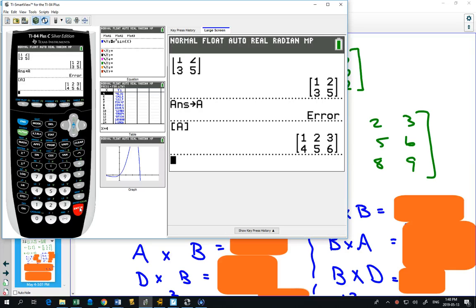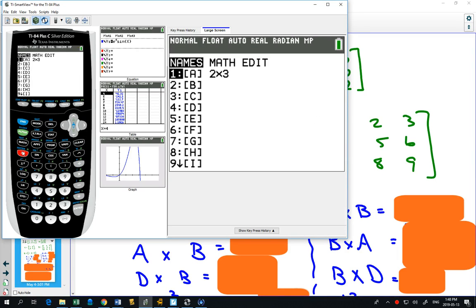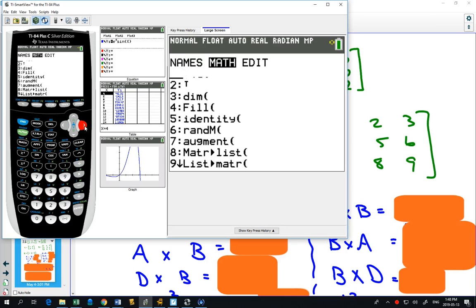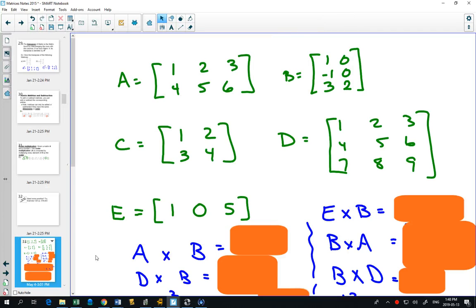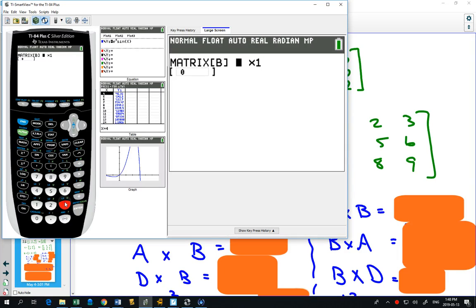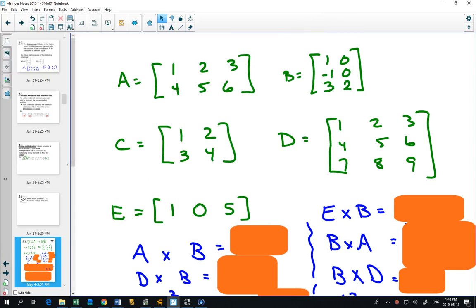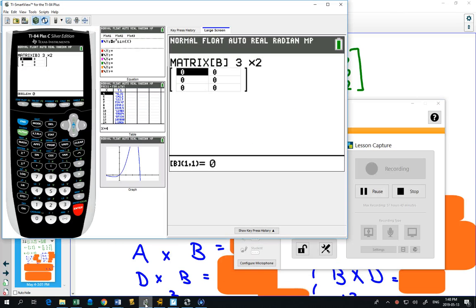I'm going to put in matrix B, go over to edit, matrix B. Matrix B is a 3 by 2. 1, 0, negative 1, 0, 3, 2.